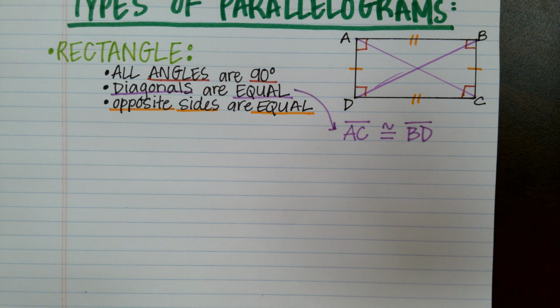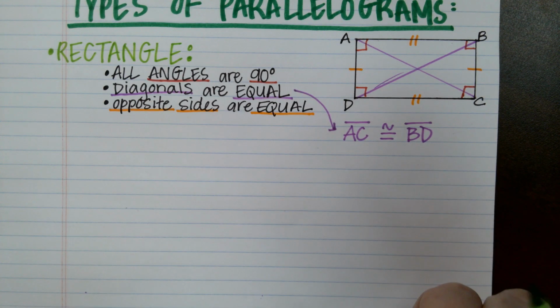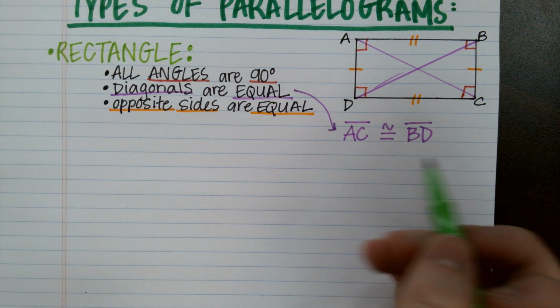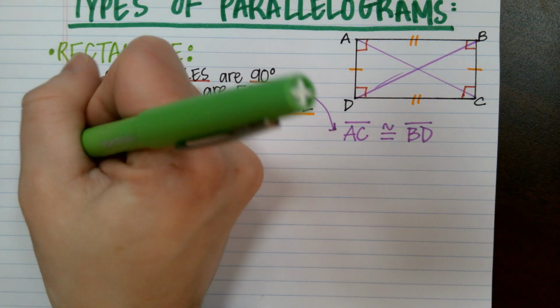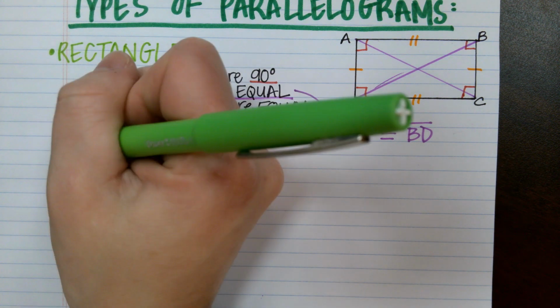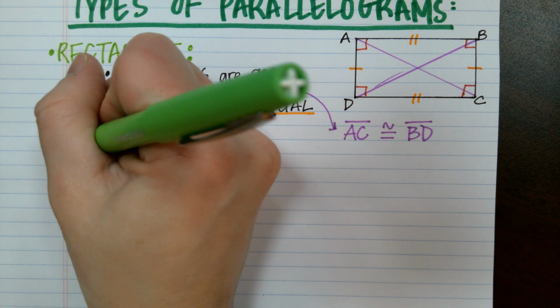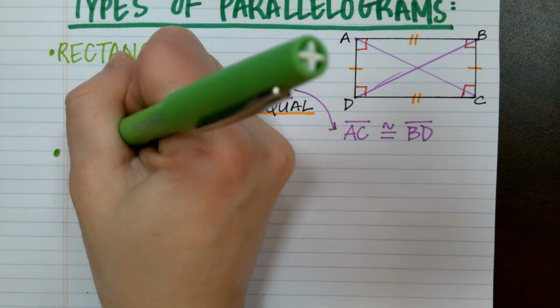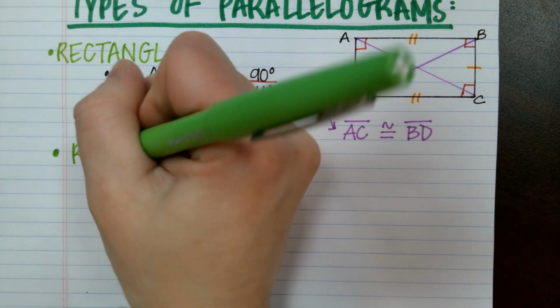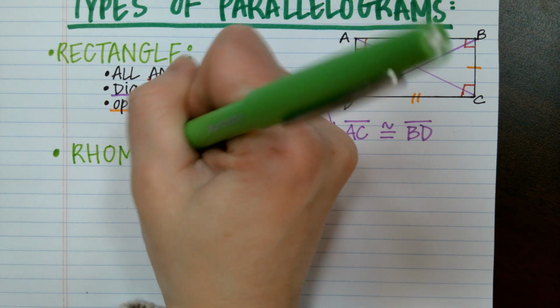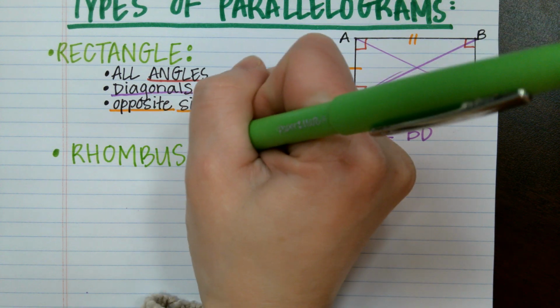Okay, two more shapes. The next quadrilateral is what we call a rhombus. Y'all ever heard of a rhombus? Yeah, somebody, yes. So it's spelled RHOMBUS, rhombus.